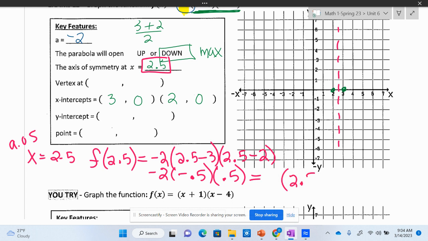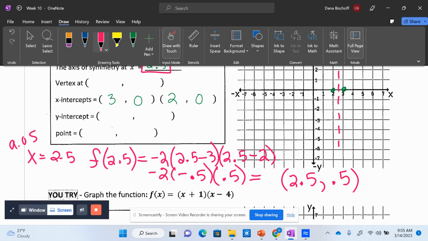It's going to be the 2.5 comma something. What's -2 times 0.5 times -0.5? Yeah, 1/2 or 0.5. So that means that my vertex is right here at the point 2.5 and 0.5.